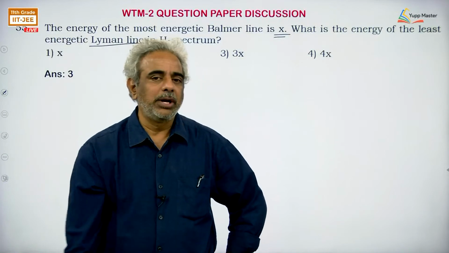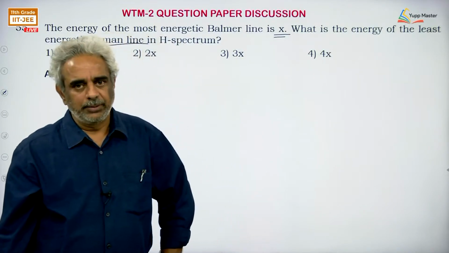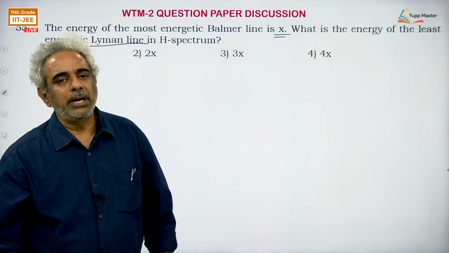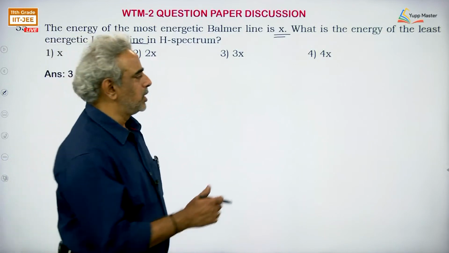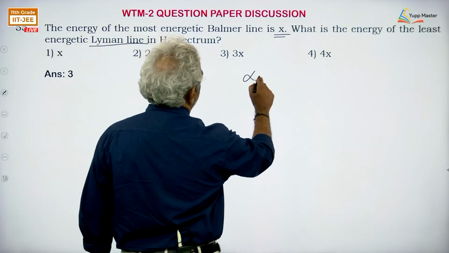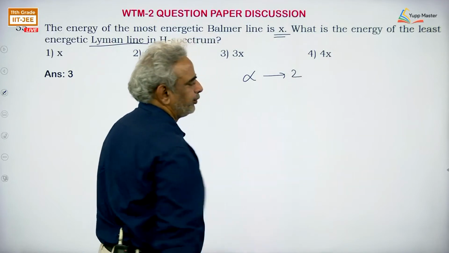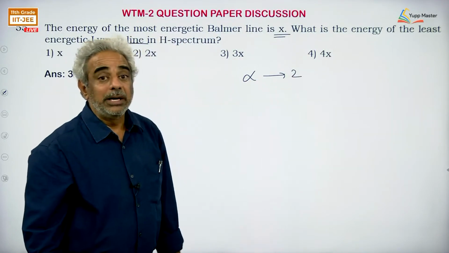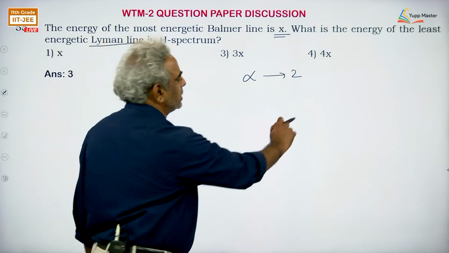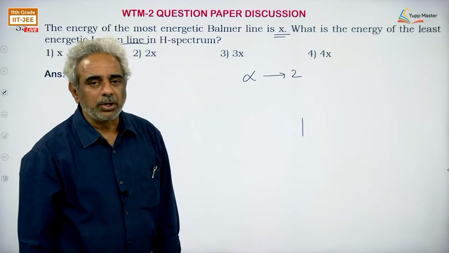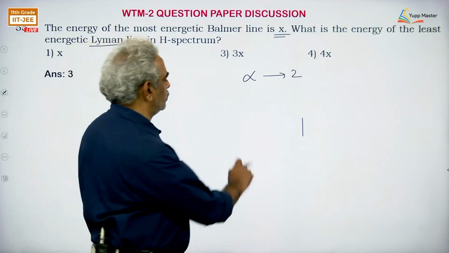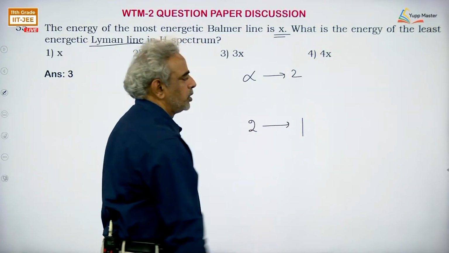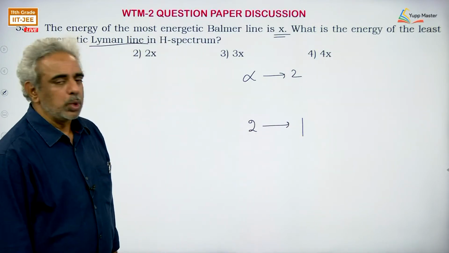Such descriptions you should be very clear about. Most energetic Balmer line means what? Within the Balmer series, most energetic is always infinity to 2. Most energetic means infinity, Balmer means 2. Least energetic Lyman means 1. Least energetic, don't go for infinity, go for 2. So infinity to 2, and 2 to 1.